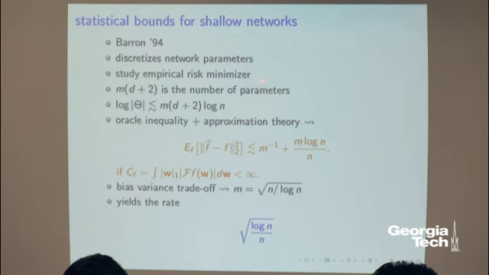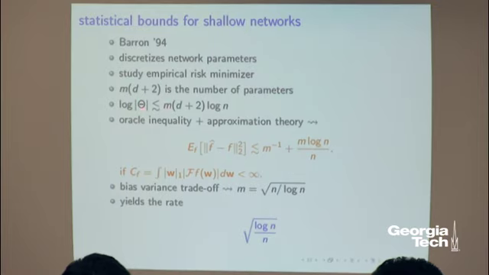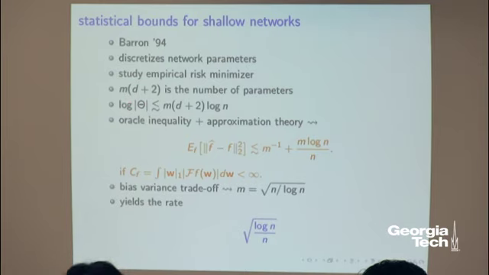This is what Barron then worked out. You have of the order m times d parameters in the shallow network. And what you can show is that if you make a discretization in every parameter of, say, order 1 over n, over a range that extends to infinity with a polynomial in n, you get that the cardinality is the product, and then if you take the log, you get the number of parameters times log n as the thing which we have to stick in.